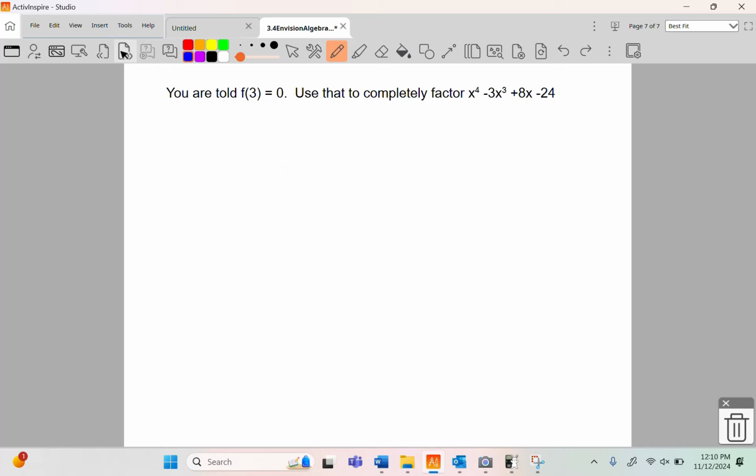All right, let's do another one of these, let you guys get some practice. You are told f of 3 is 0. Use that to completely factor that 4th degree polynomial. So f of 3 is 0. What is the factor? Stay awake, it's x minus 3. The factor is x minus 3. That's also your divisor. Divide it out, see what remains.